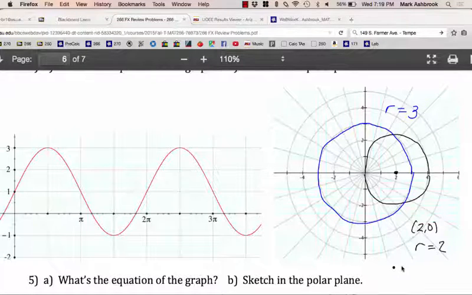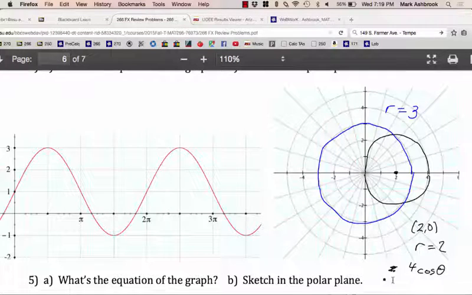That's actually going to be 4 cosine theta, I think. So what if we wanted, okay, just look, this last thing.